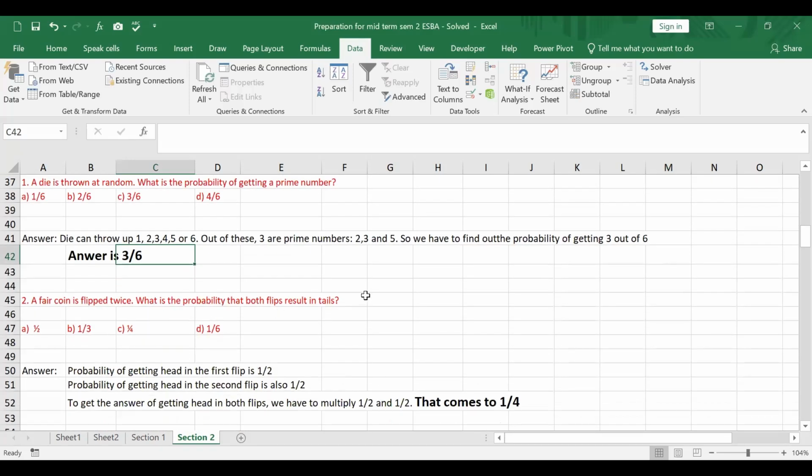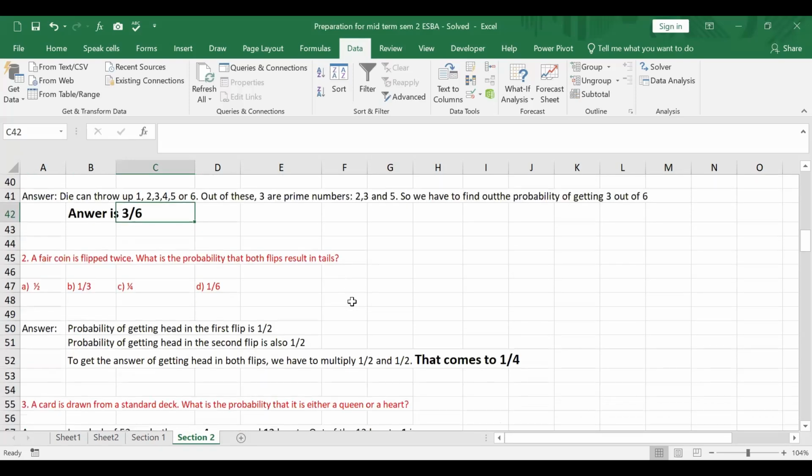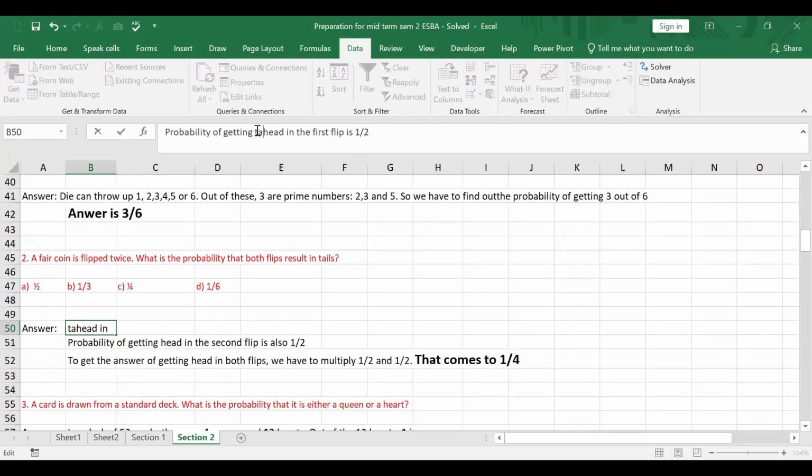A coin is flipped twice. What is the probability of both flips resulting in tails? Now, 1 by 2 is the probability of getting a head in the first flip. I had a mistake here, so I changed the question itself. We are looking for tails. The probability of getting a tail is 1 by 2, and the probability of getting a second tail in the second flip is also 1 by 2.